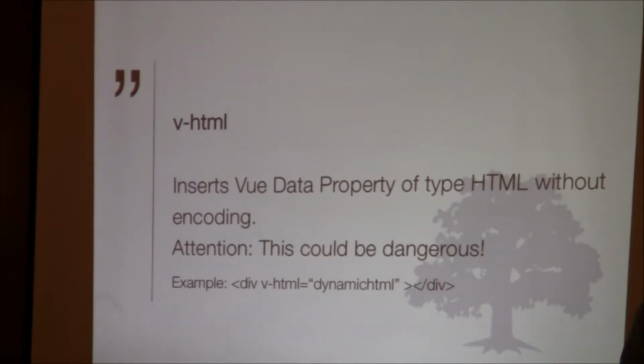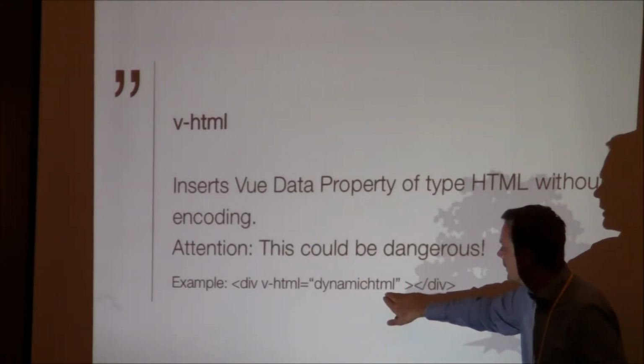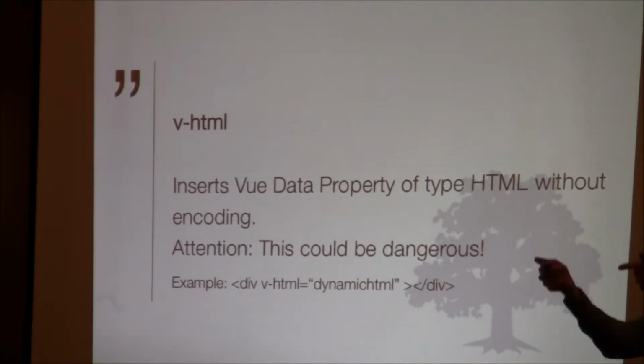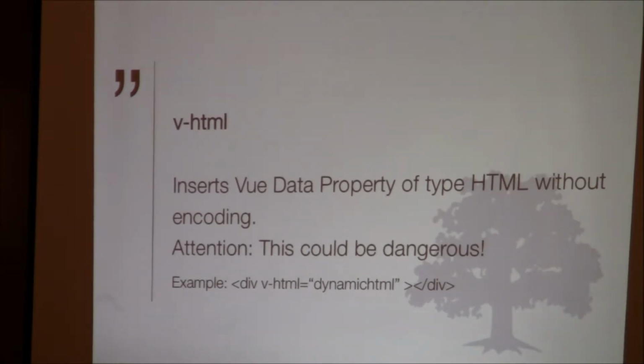If a bad guy tries to hack your site and puts any script code in your input field, for example, doing some bad stuff, to prevent this, Vue.js regularly encodes everything so that nothing can happen, so the script wouldn't run. But if you use v-html, you can use dynamic HTML to show any HTML you have in the data. So it's doubled: HTML in the data, and then this HTML part into your page.